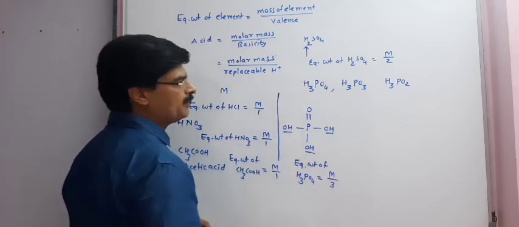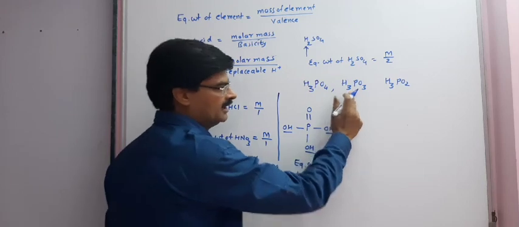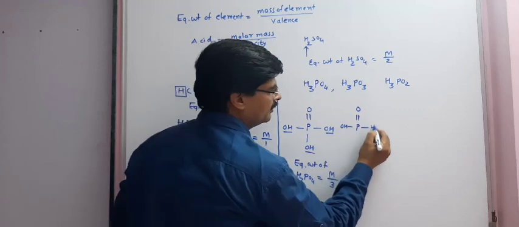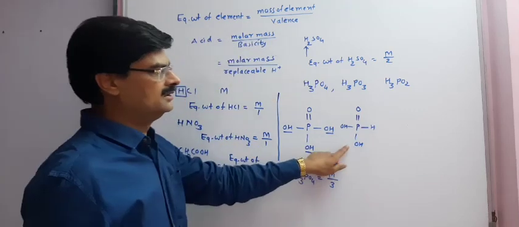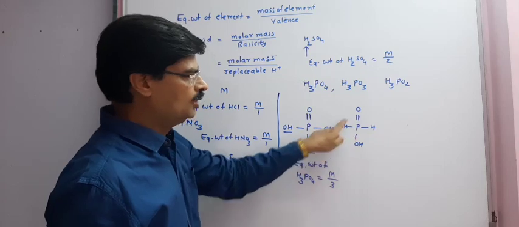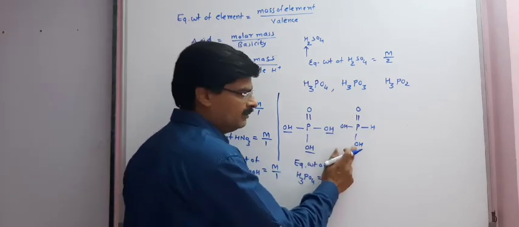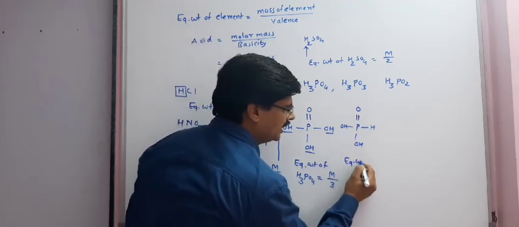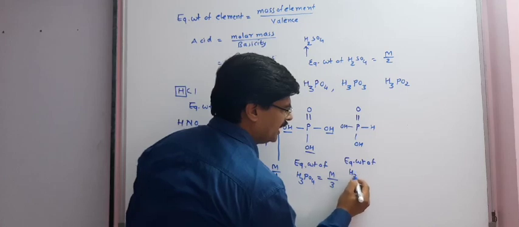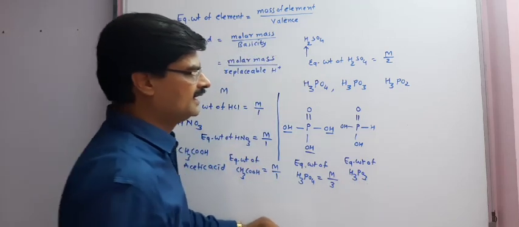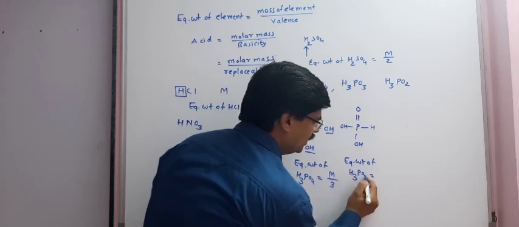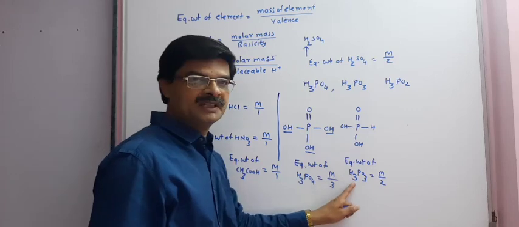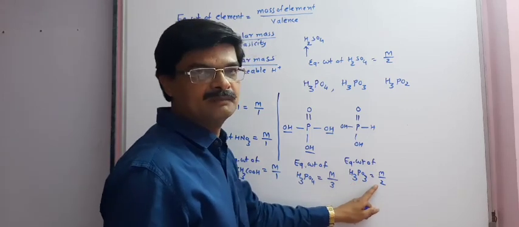Now, another point we need to understand for H3PO3. When we draw the structure of H3PO3, we have only 2 OH, meaning replaceable hydrogens are only 2. So equivalent weight of H3PO3, phosphorus acid, is obtained when molar mass is divided by 2.